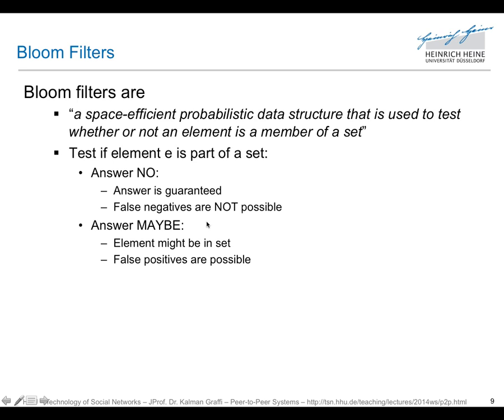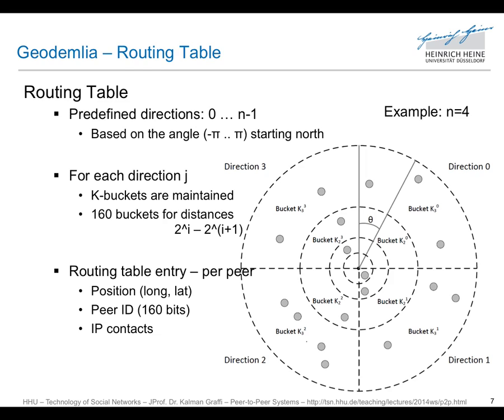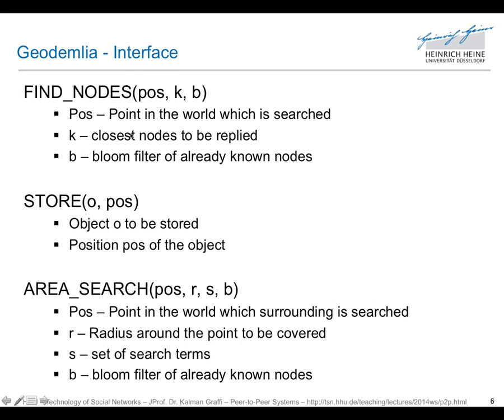This is quite useful because, for example, we had the task to say, please give me the k closest nodes around that position that you know. I give you my Bloom filter, and if you check your k entries against my Bloom filter and see it's not inside, because there's the clear no, then give it to me.